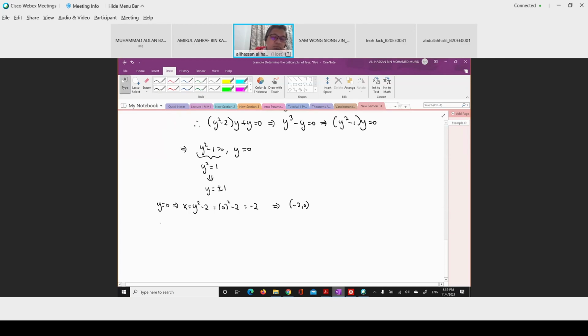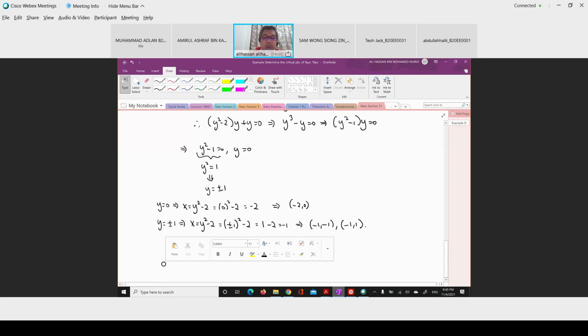When y is plus or minus 1, x is 1 minus 2, which is minus 1. So we have (minus 1, minus 1) as a critical point, and also (minus 1, 1). So here we have three critical points.